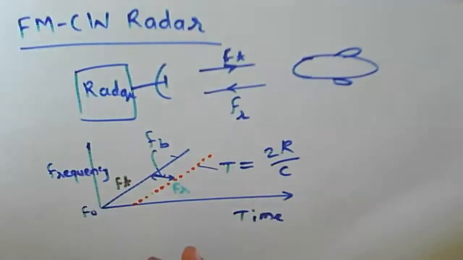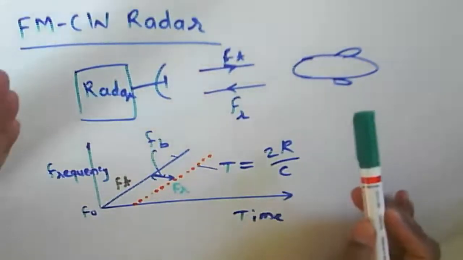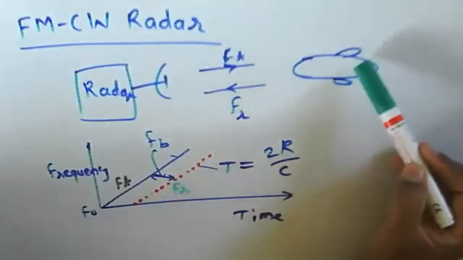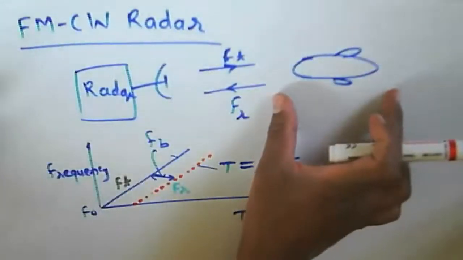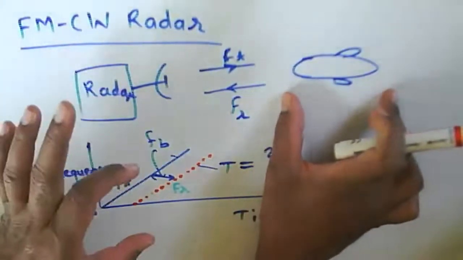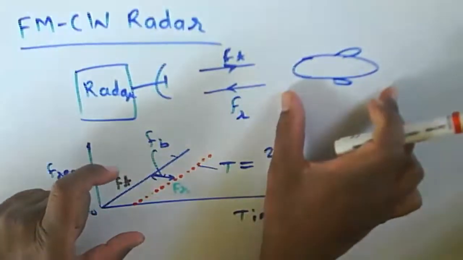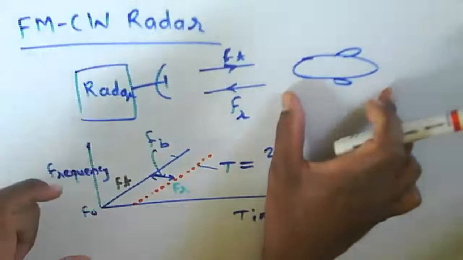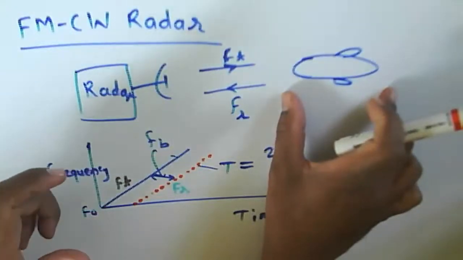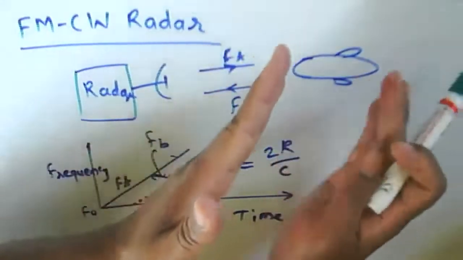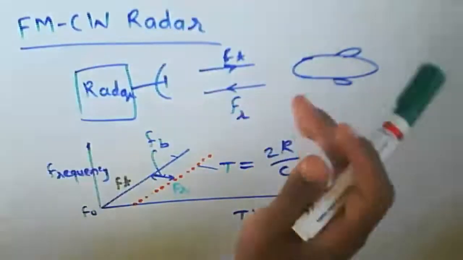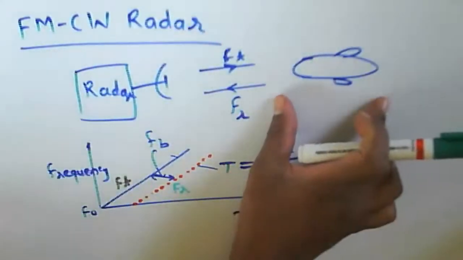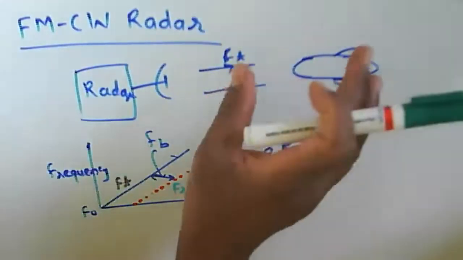Now our aim is to find out what the beat frequency will be. If the target is a fixed one, there will be a small deviation in the frequency for the transmitting and receiving. But if the target is moving, then there will be a Doppler shift of the frequency.